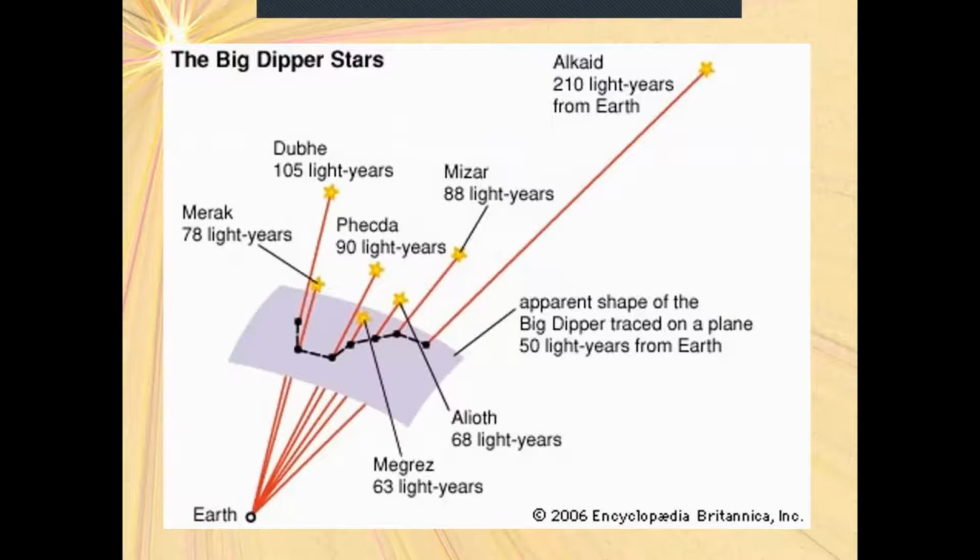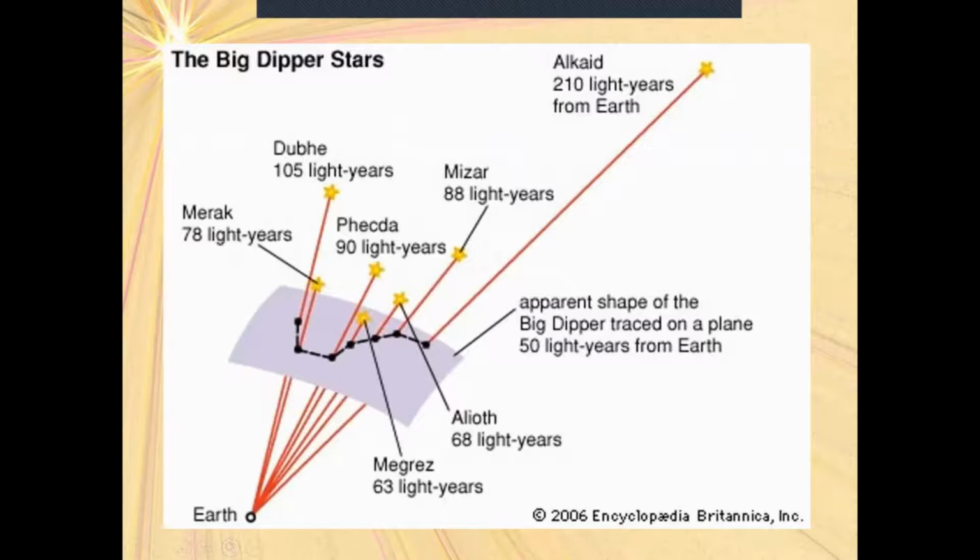Another really interesting thing to think about is that the Big Dipper stars, when you look at them in the sky, all kind of look like they are painted onto the sky. They all look like they are the same distance away. In reality, they're really not. If you were to look at it from the side, what you see is that these stars are all different distances from Earth. Merak is 78 light years away.